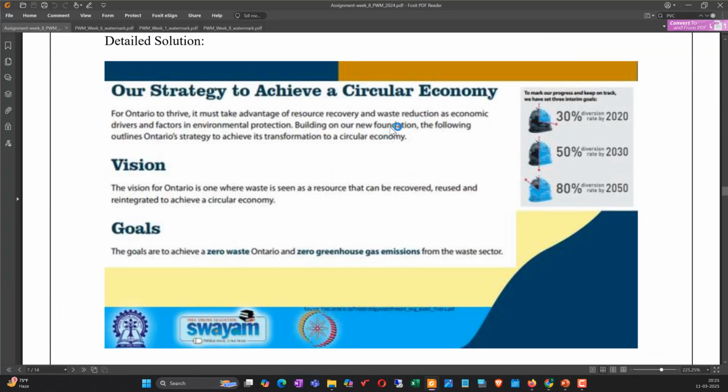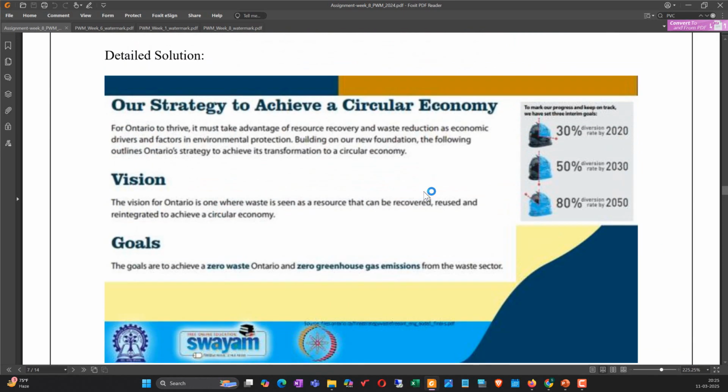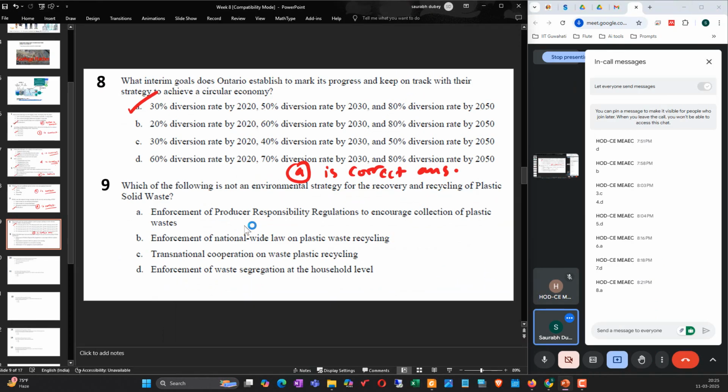Yes, so this slide we have discussed. So the next question is, which of the following is not an environmental strategy for recovery and recycling of plastic solid waste? A is enforcement of the producer's responsibility regulation to encourage collection of plastic waste.